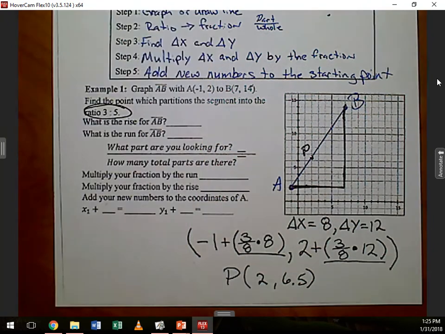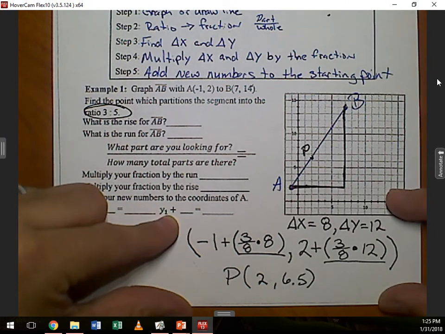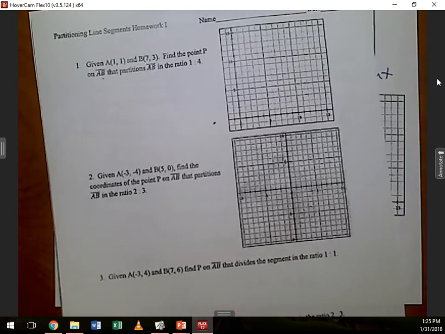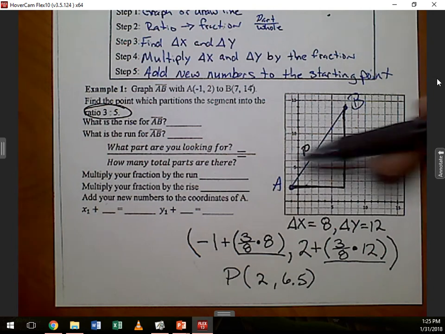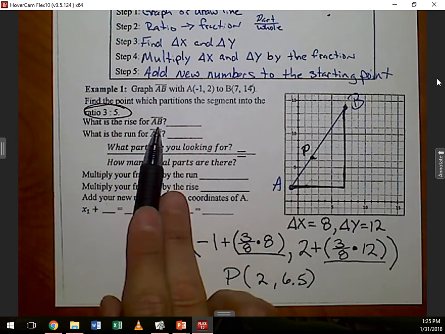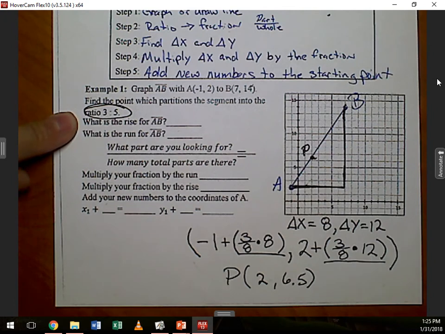Okay, so let's go through and fill out this other information. This right here is basically your abbreviated version of how to do this. When I give you this today, you guys are going to do this one. So let's fill out what it is. Our rise, our delta y, was 12.